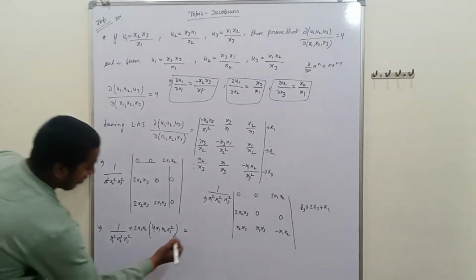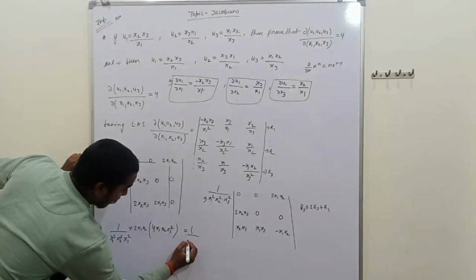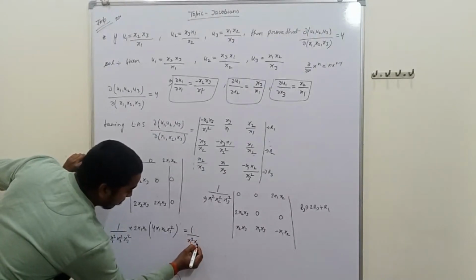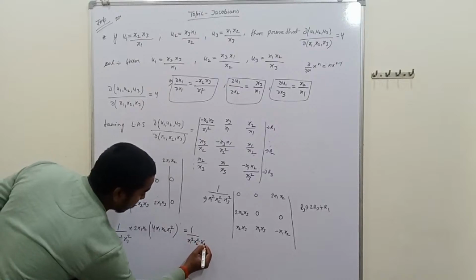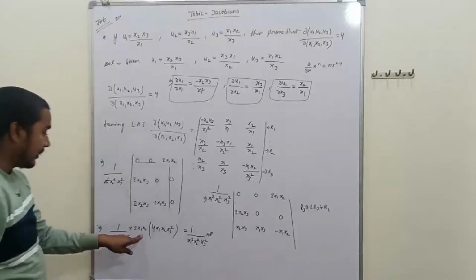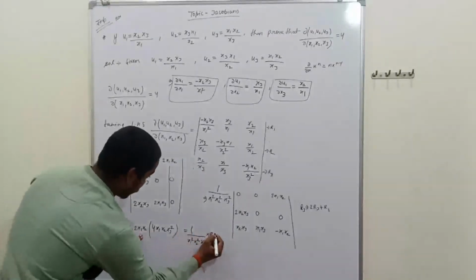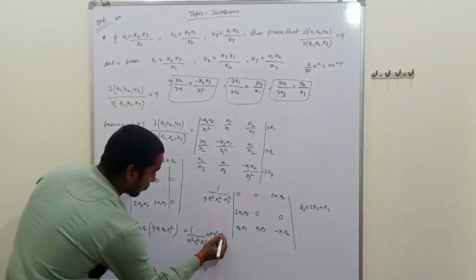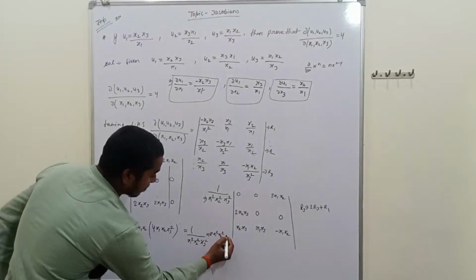We have to further write 1 upon x1 squared x2 squared x3 squared into 8, and here is x1 squared x2 squared and x3 squared.